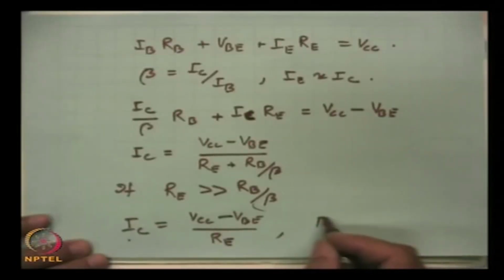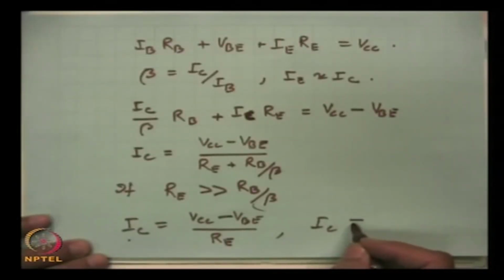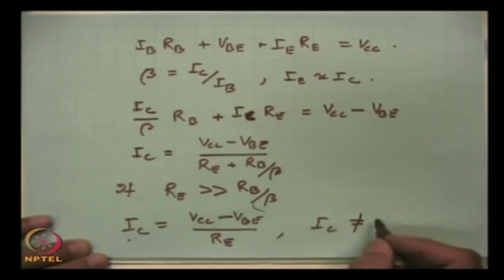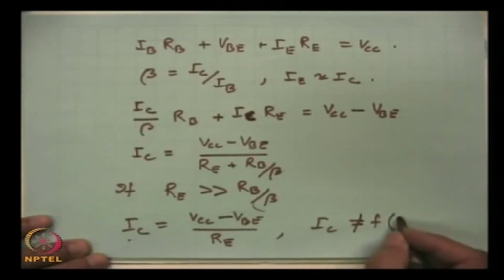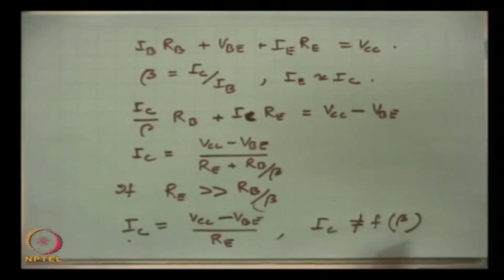The cause of variation is immaterial. So, this is a highly stable circuit, and here IC is not a function of the current gain beta, which shows very high stability, and this is achieved because of the negative feedback through the emitter resistance.